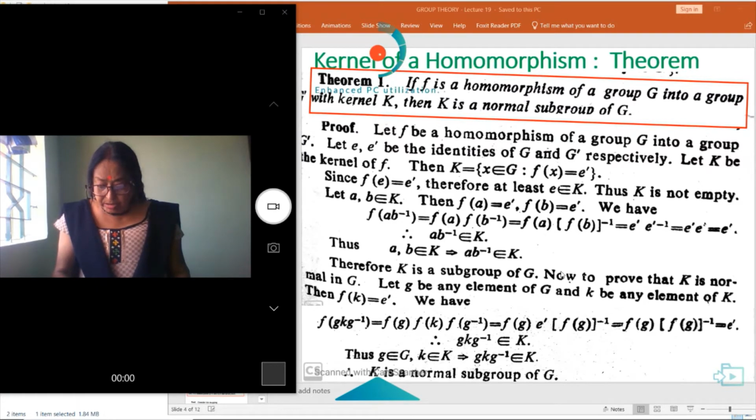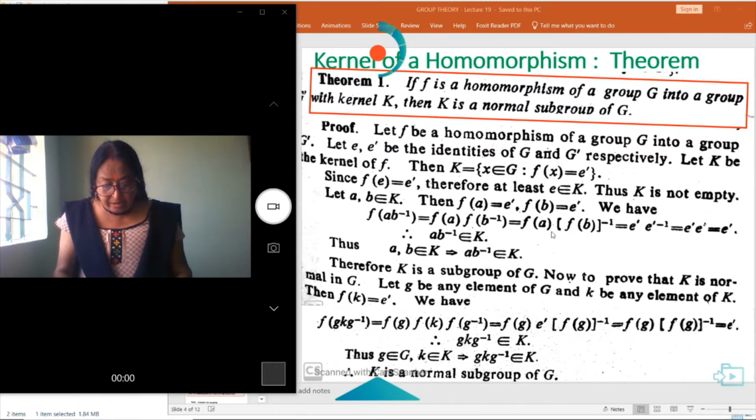K is not empty. Let a and b be two elements of K such that f(a) is equal to e' and f(b) is equal to e'. Now, f(ab^-1) can be written as f(a) f(b)^-1 because f is a homomorphism.